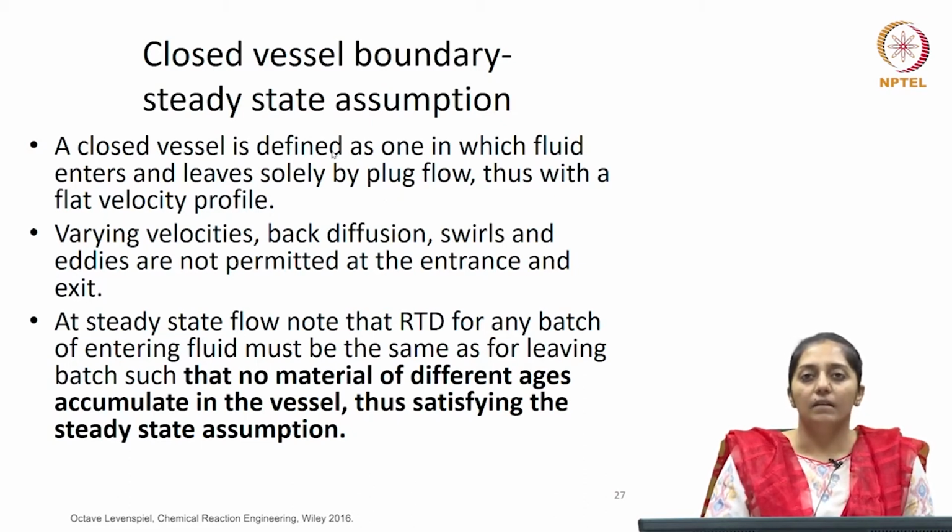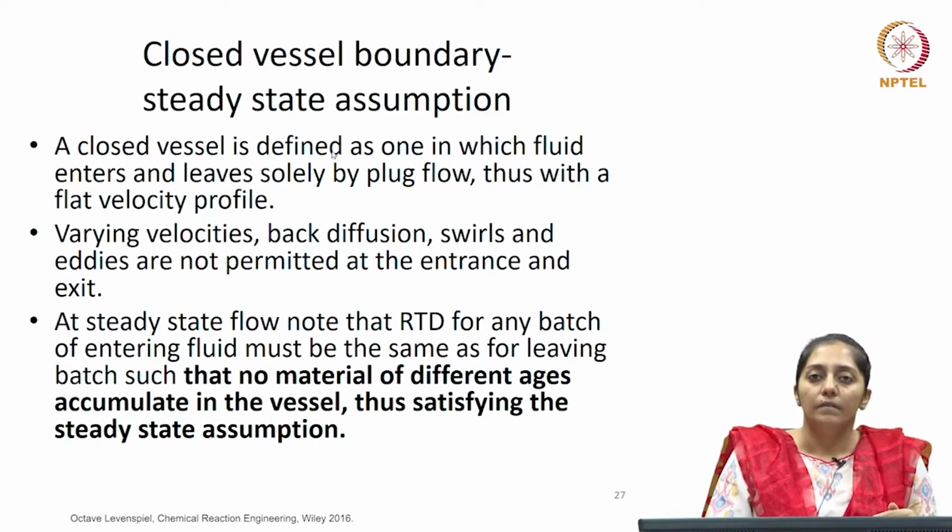Then we saw how to characterize the non-ideality in reactor systems. We spoke about residence time distribution and how to find it. We spoke about tracer experiments, where different kinds of inputs can be given, and at the exit the profile is noted, showing how the tracer comes out of the reactor with time.